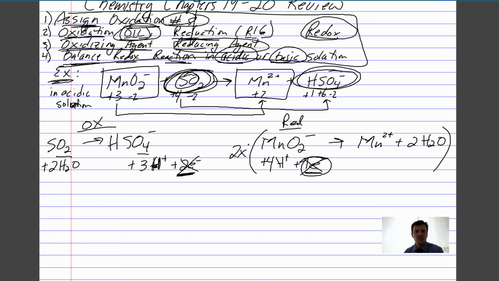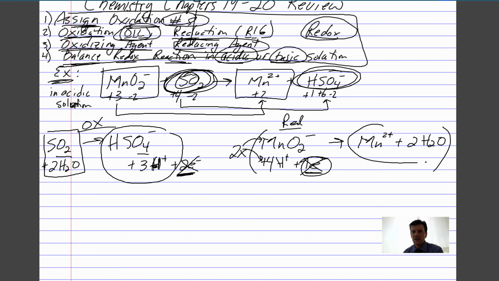Now all I do is I'm going to bring these together, and all of the reactants are going to be on one side. Don't forget to multiply by the 2 here, times 2, times 2, okay? And then all the products are going to be on the other side. Now, one thing I can also do before I combine these is I can look to reduce some stuff.